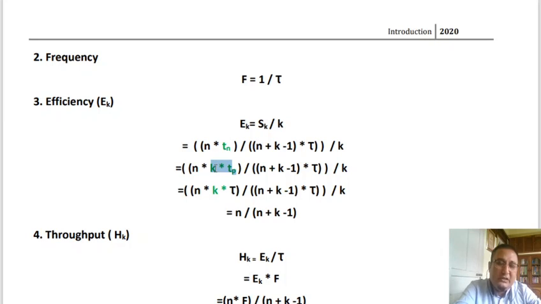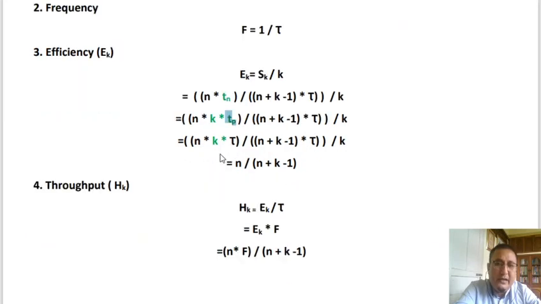For executing an instruction, you have k phases, and for each phase you require Tp amount of time, so k into Tp. On further simplifying, we have n into k into Tp, equated to tau, so n into k into Tp by n plus k minus 1 into tau, by k. Further simplifying, we have n by n plus k minus 1. So this is the expression for efficiency, n divided by n plus k minus 1.